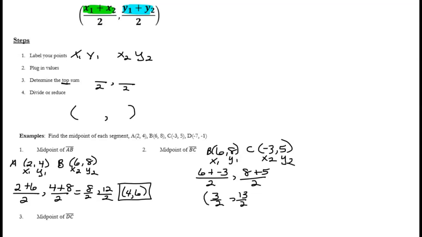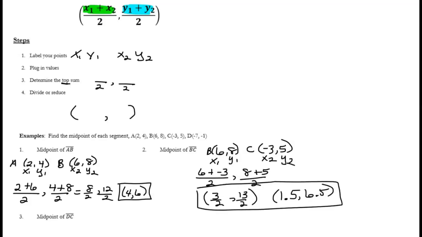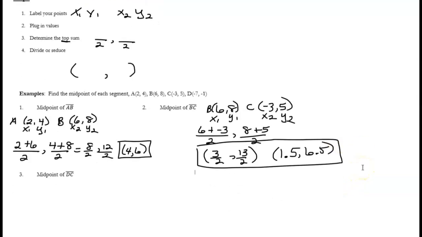So you can actually leave the answers like this, but if you prefer to see decimals, you can also do 3 divided by 2, which is 1.5, and 13 divided by 2, which is 6.5. I will accept either of those answers. Okay? It just depends on what you want to do. And again, I couldn't actually reduce the fraction, so I can simplify them by making them decimals.